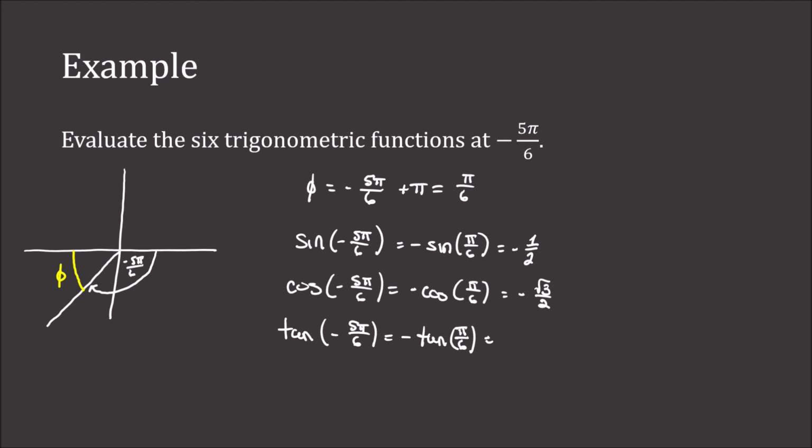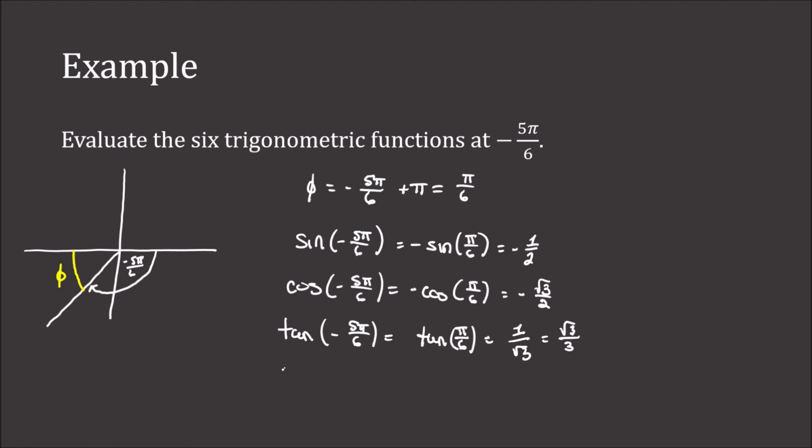This will wind up being positive, and it should be 1 over root 3, or simply root 3 over 3. So I'm sorry, tangent's actually not negative here. This is positive tangent, right? Because in quadrant 3, both sine and cosine are negative, which leaves a positive tangent.